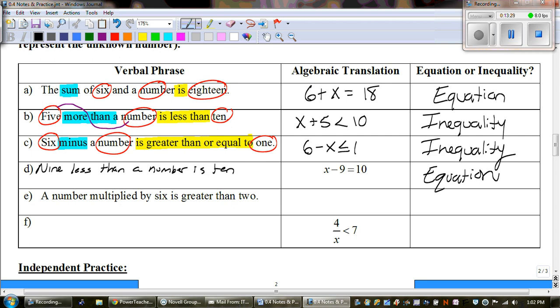And is that okay that I wrote it like that? Well, yeah, because less than says that I have to switch the order. I want to really practice that so I know. Okay? Why don't you guys try E and F on your own? Go ahead and pause the video, and good luck.